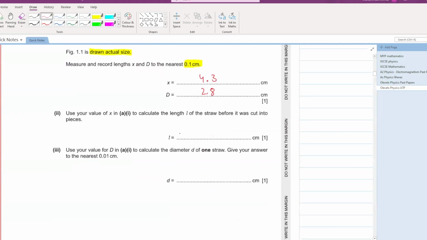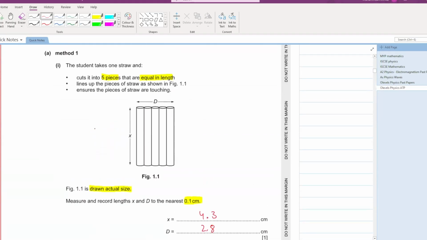Let's move ahead. Use your value of x in part A(i) to calculate the length of the straw before it was cut into pieces. You are cutting the straw into five equal pieces, and x is the length of one piece.